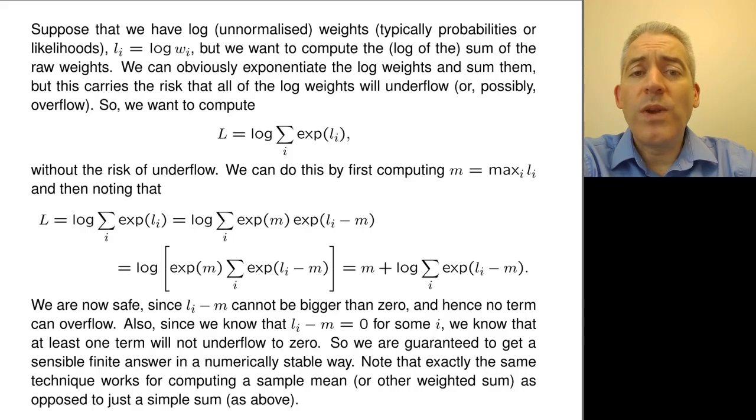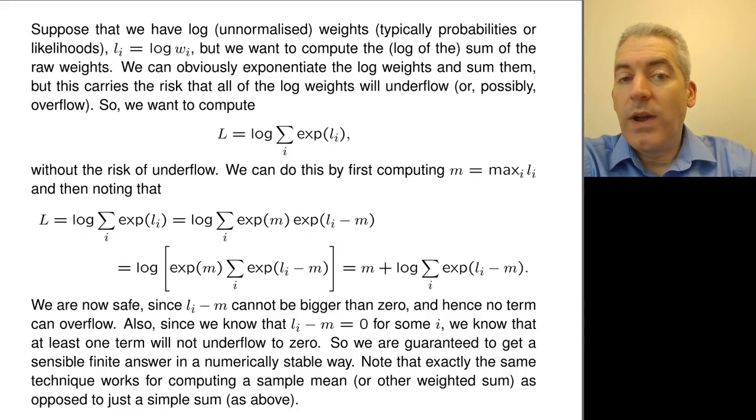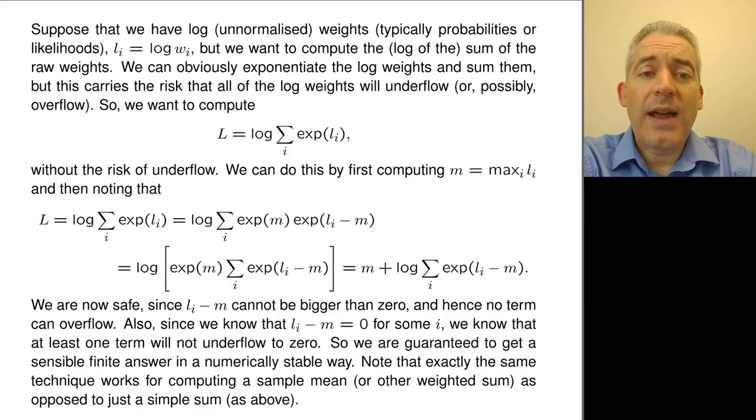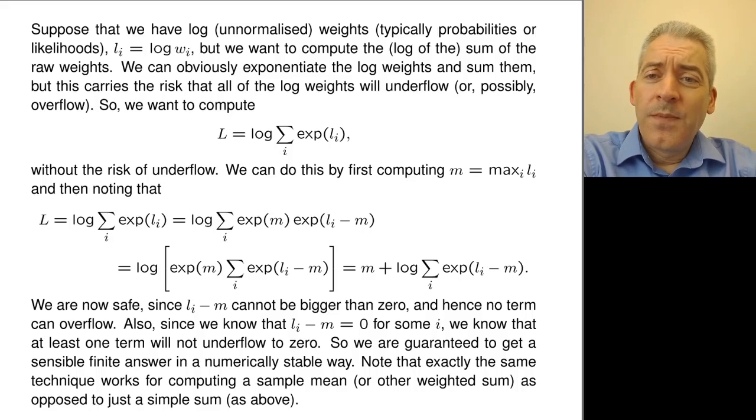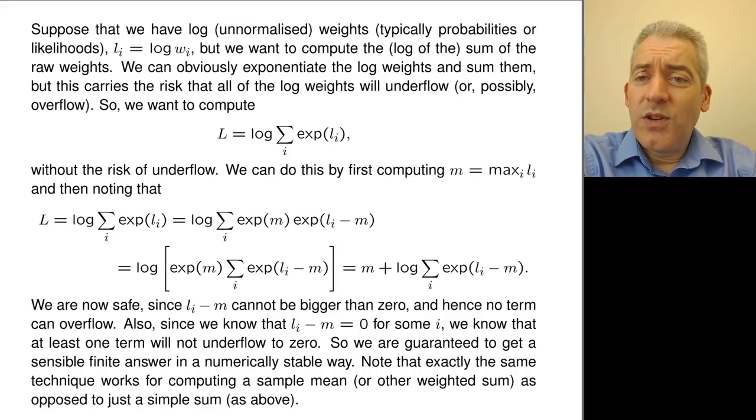But the operation we want to do is precisely the log of the sum of the raw weights. So that's the log of the sum of the exponential of the log weights. We call that capital L. That is the operation we want to do. The question is, can we do it safely? The problem is that we start off with log weights, we end up with a log weight, but it's that exponentiation and summing in the middle that is the potential issue.